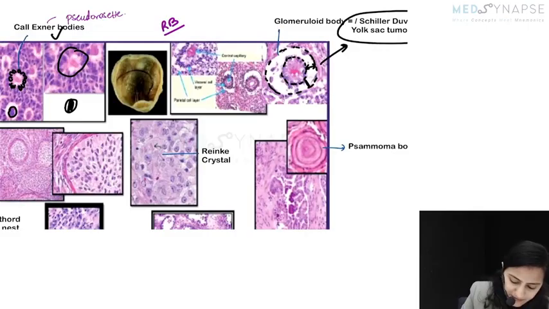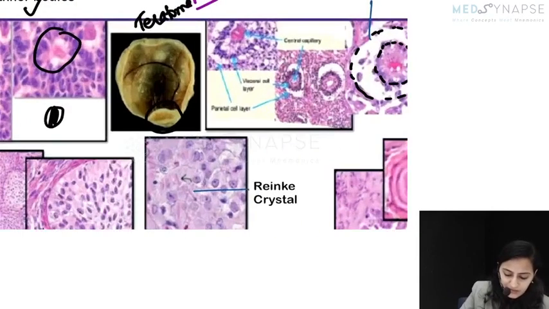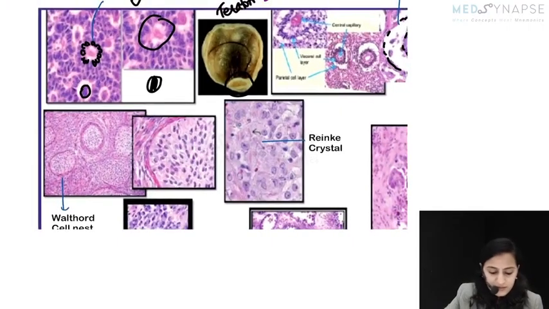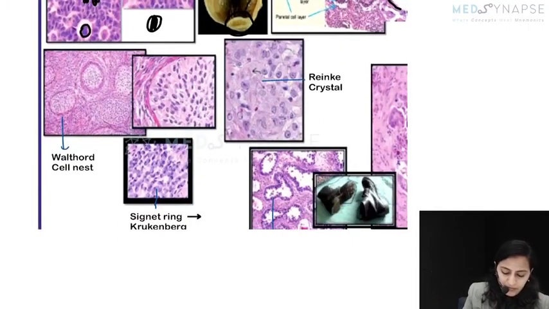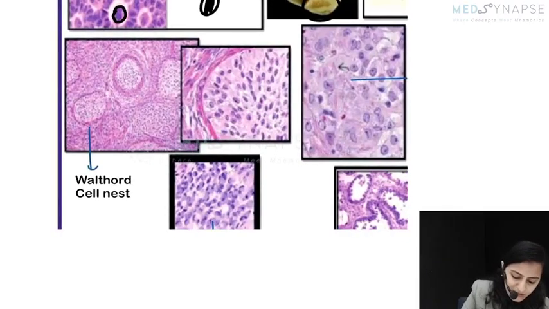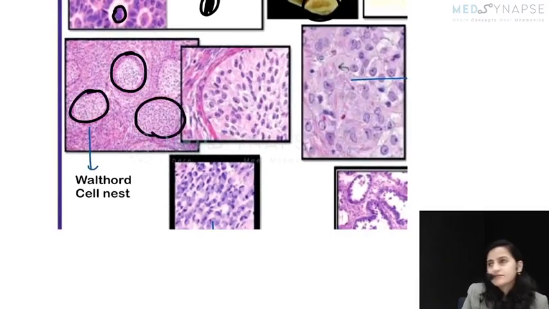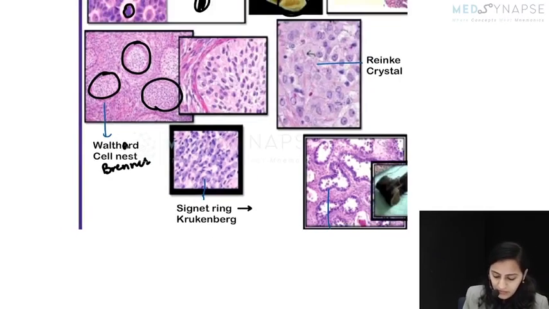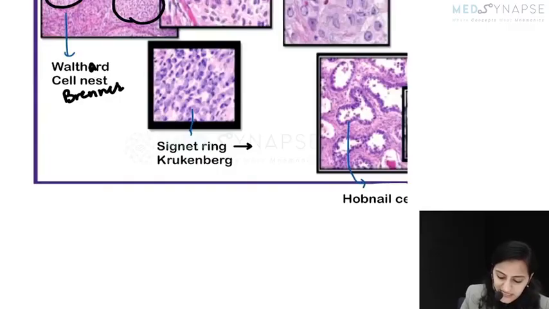This is teratoma, Rokitansky protuberance, which has all three germ layer derivatives. Hair हो सकता है, teeth हो सकता है, कुछ भी हो सकता है in teratoma. Where you see this, what appearance? क्या ये? Nest. Nest is Walthard cell nest. Seen in Brenner. Where you see this signet ring is like this.